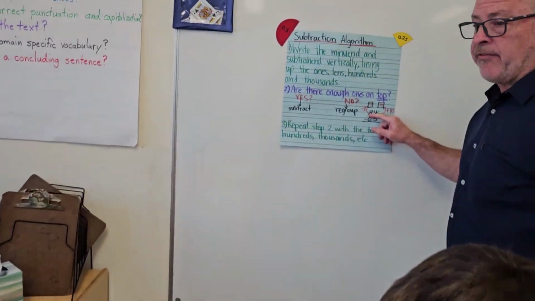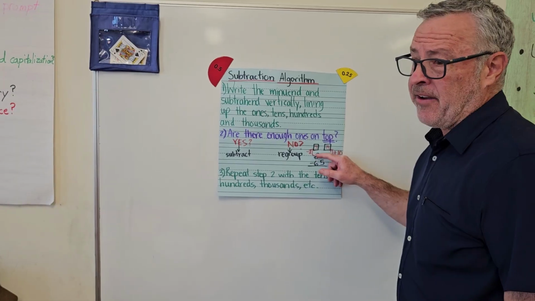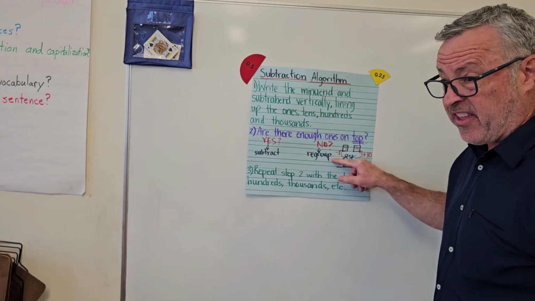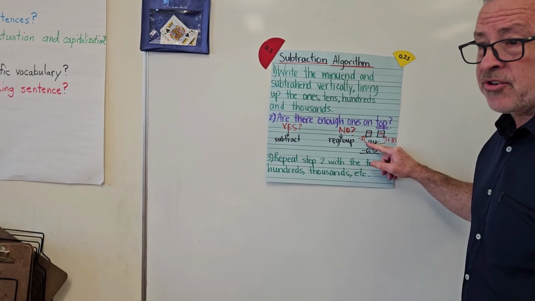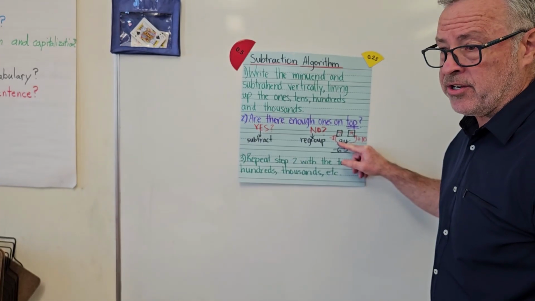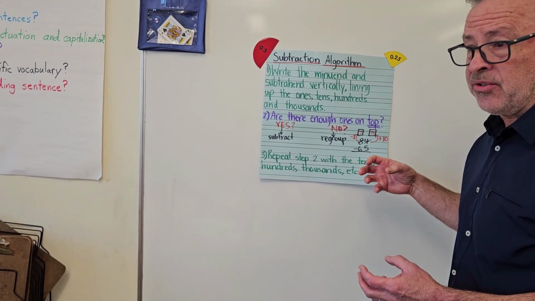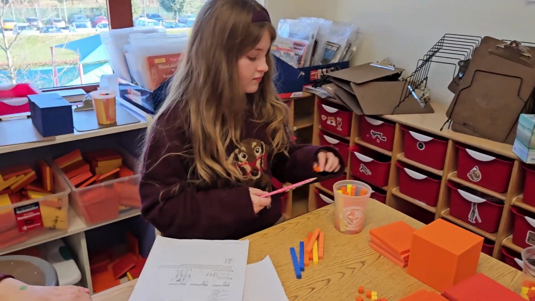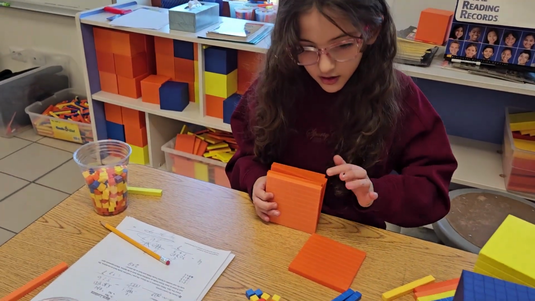If there's nothing right next door to take, and I have to go over 2 spots, I have to take away 1,000 and move it to the 100 spot first, and that would give me 10 100s, right? 1 1,000 is the same as 10 100s. And then I could take 1 100 out and change it to 10 10s. So we have to keep track and make sure that we don't just move it over a couple of spots. It has to move over one spot at a time for it to make sense. And I think you'll be more successful.